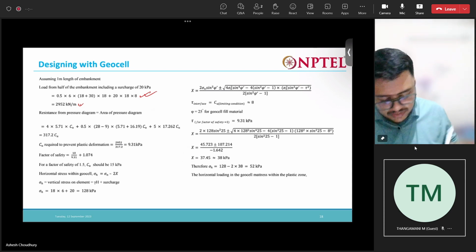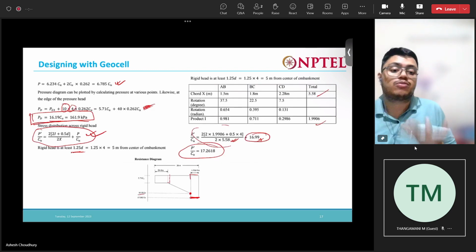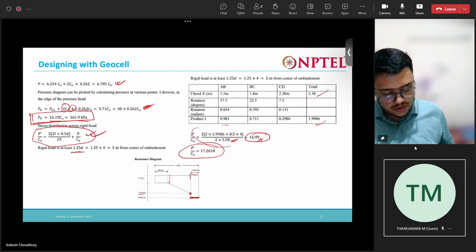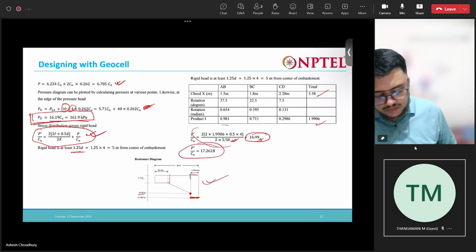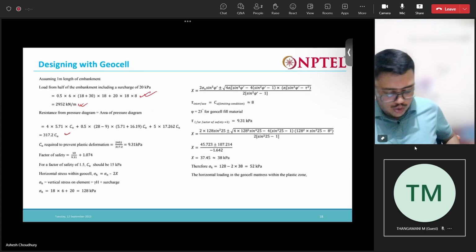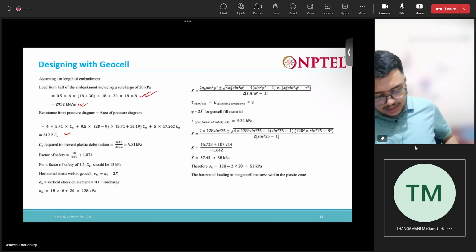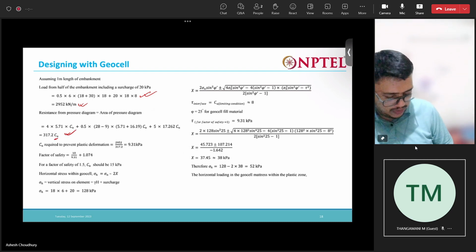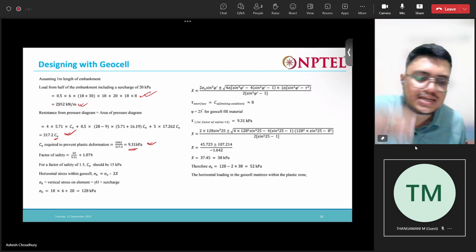Now the resistance that is coming from the geocell, how to get that from the pressure? We will get it from this bearing pressure diagram. If we take the area of this bearing pressure diagram, we'll get this. Now Cu required to prevent plastic deformation is nothing but how much? This divided by this, so at least we need to have 9.31 Cu.